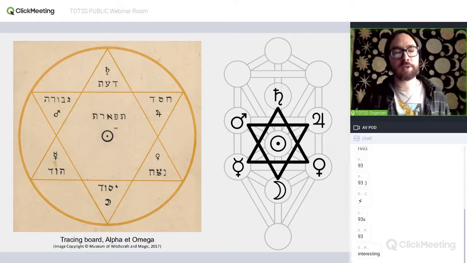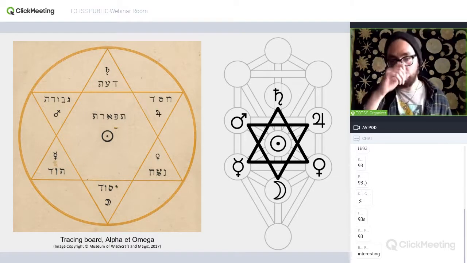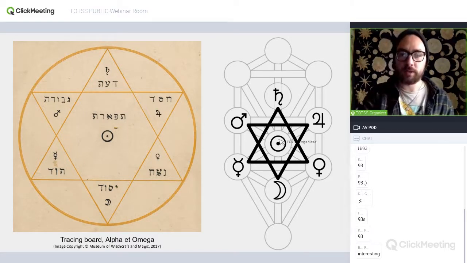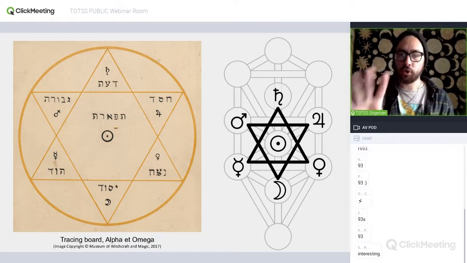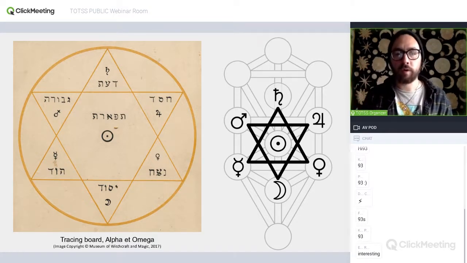But one thing I want to point out is that the tree of life, although again it was developed from this geocentric cosmology, we can really see, I think, the heliocentric in the tree of life as well. The sun is attributed to Tiphareth, which is the center of the tree of life, right? And so we literally see the sun right here in the center, especially when we mean Saturn and Da'ath, as we were just talking about, and then you just superimpose the hexagram over the tree, centered on Tiphareth, and then you get the attributions of the planets to the points of the hexagram.